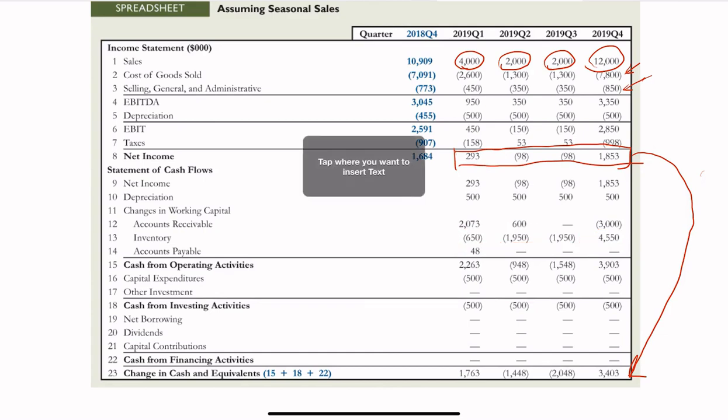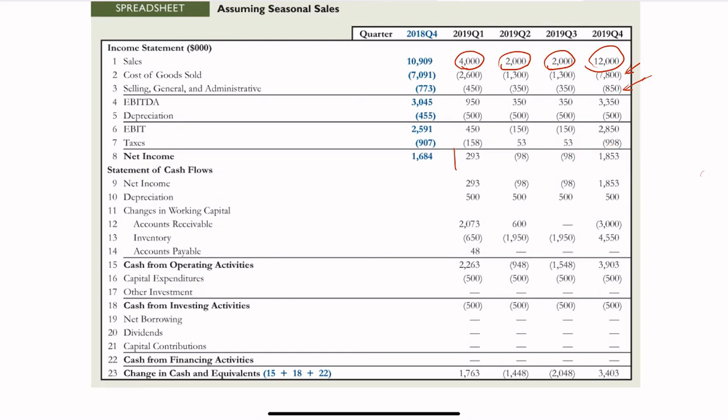And in the end, you will see that in Q1, the firm has a large cash flow of 1763. And then in Q2 and Q3, it will have very negative cash flows, right? So negative 1448 and negative 2048. And in Q4 of 2019, the cash flow is a large positive number, right?